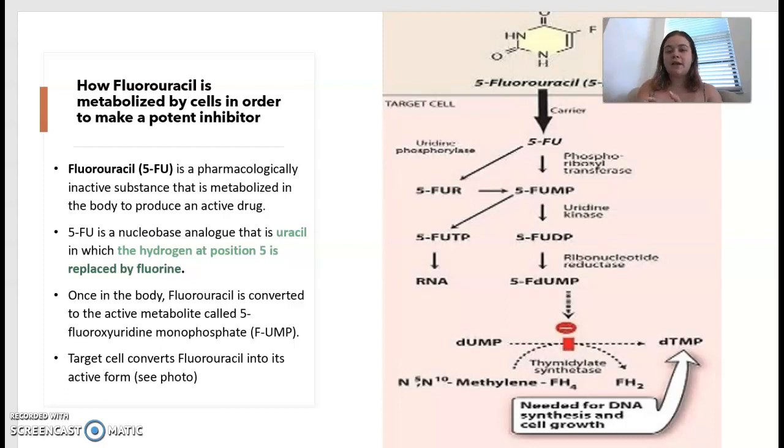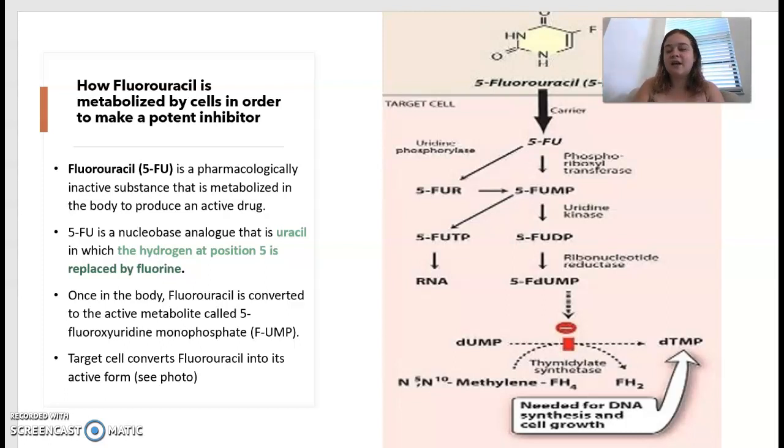Once it's in the body, fluorouracil is converted into an active metabolite, and that is called FUMP. Another word for fluorouracil is just 5-FU, since it's a long term.